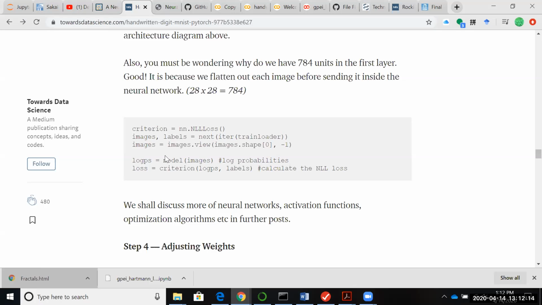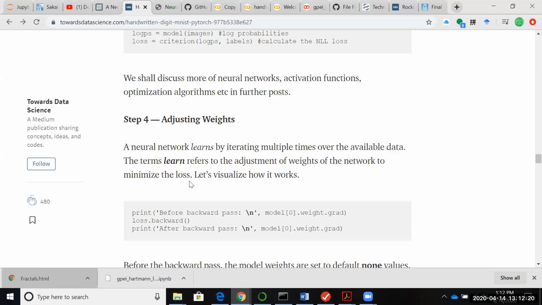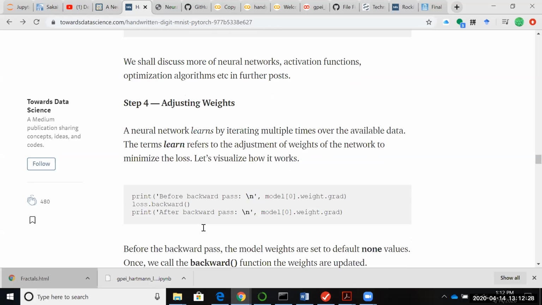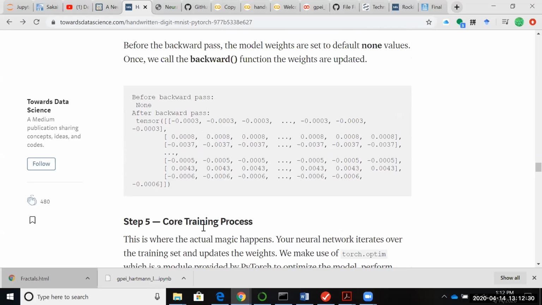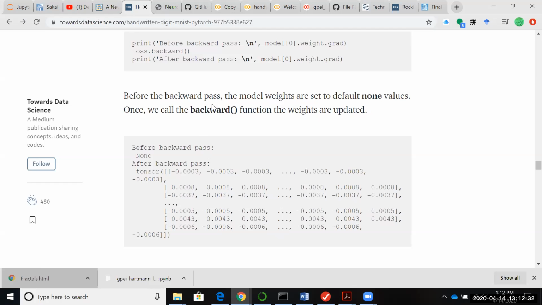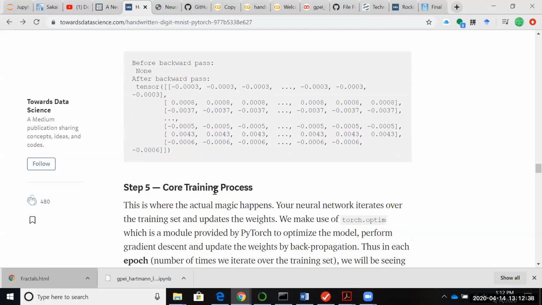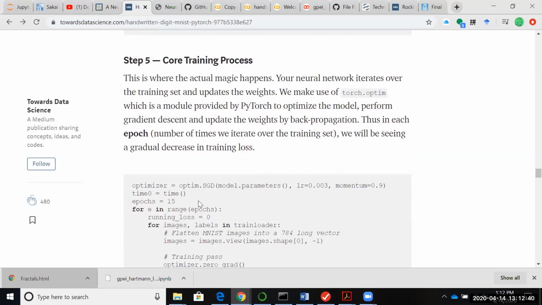So given an image, you propagate through and you get a loss. Then after that you do backward propagation. You take that loss and backward propagate by changing the weights. Here is an example of what the weights looked like before back propagation. And next is the core of training.